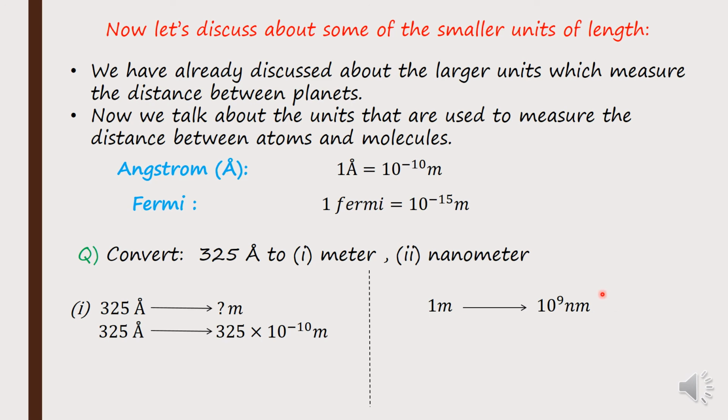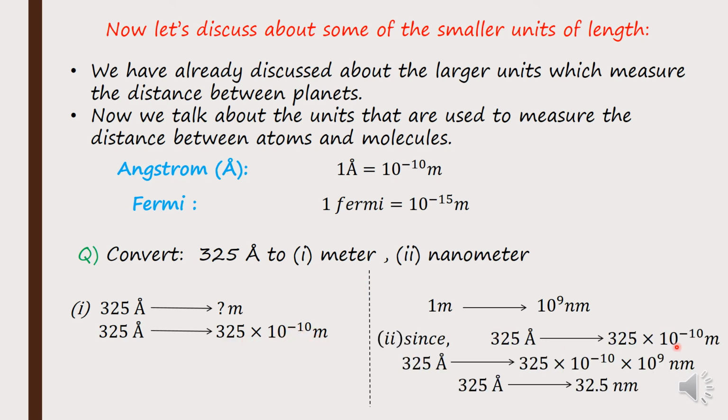Since we have already converted the Angstroms to meters, it will be easier to convert the 325 Angstroms to nanometers using the value we found in the first part. We already have 325 into 10 to the power of minus 10 meters. To convert that into nanometers, we just multiply it by 10 to the power of 9.